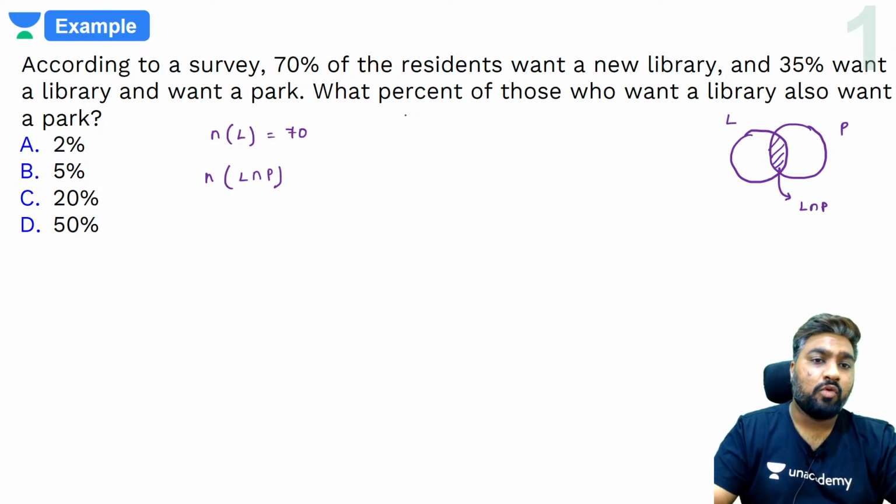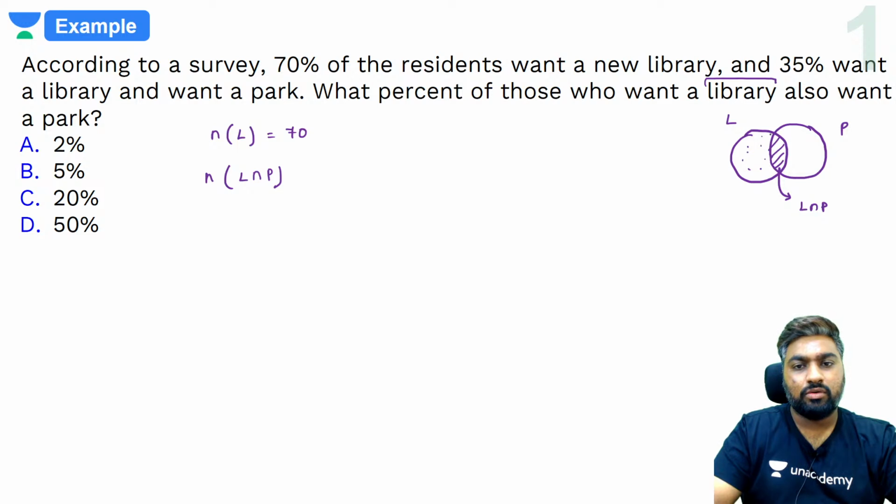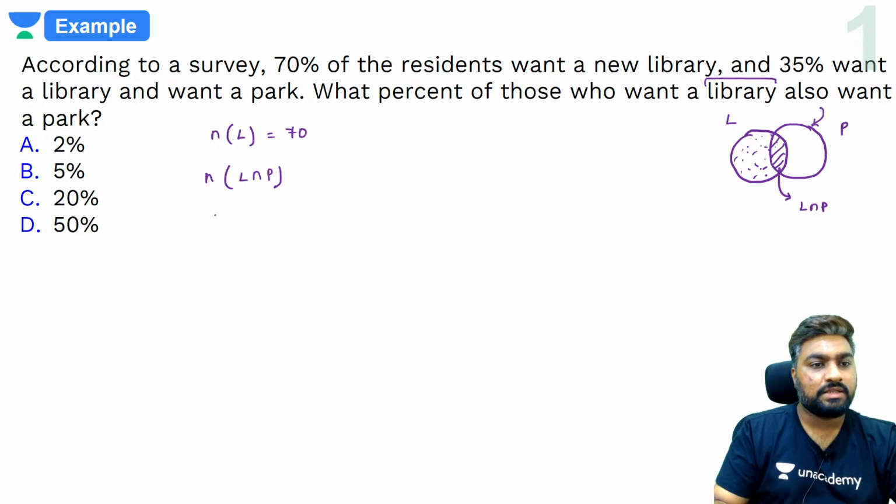Now what are they saying? What percentage of those who want a library also want a park? That means people who belong in this region also are looking for a park. So this is given as 35. Let's say, because it is probability, we can also consider it in terms of percentage. Either way, it doesn't matter. What are they asking?